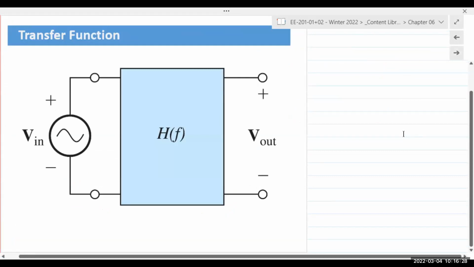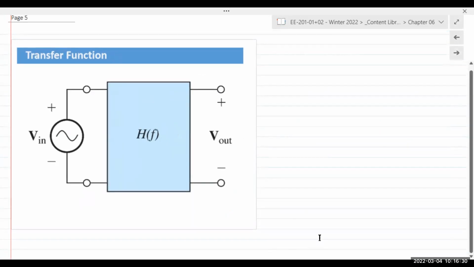From that, we introduce another new term known as the transfer function. The transfer function for a particular network simply describes how the input is being transferred to the output. Hence the name transfer function. Transfer function is a function of frequency. It's H of f.